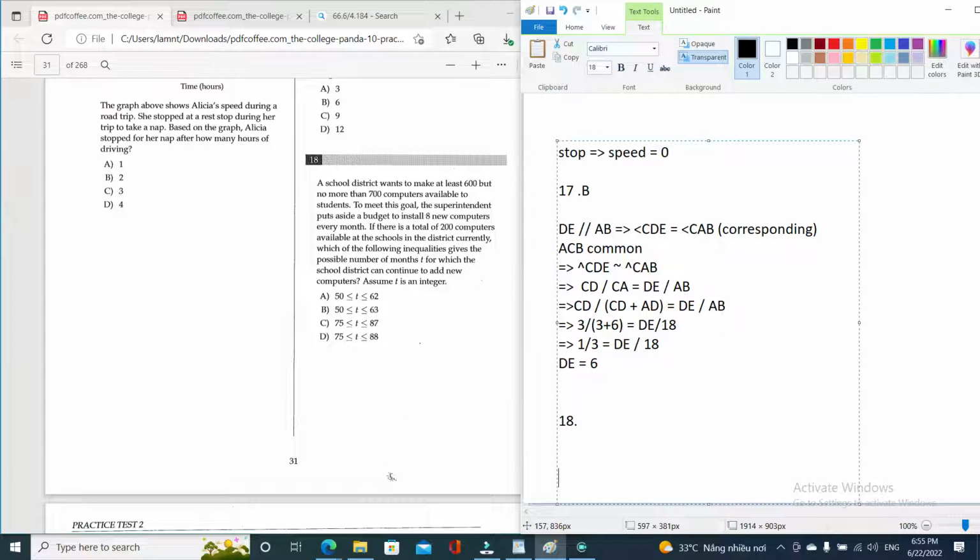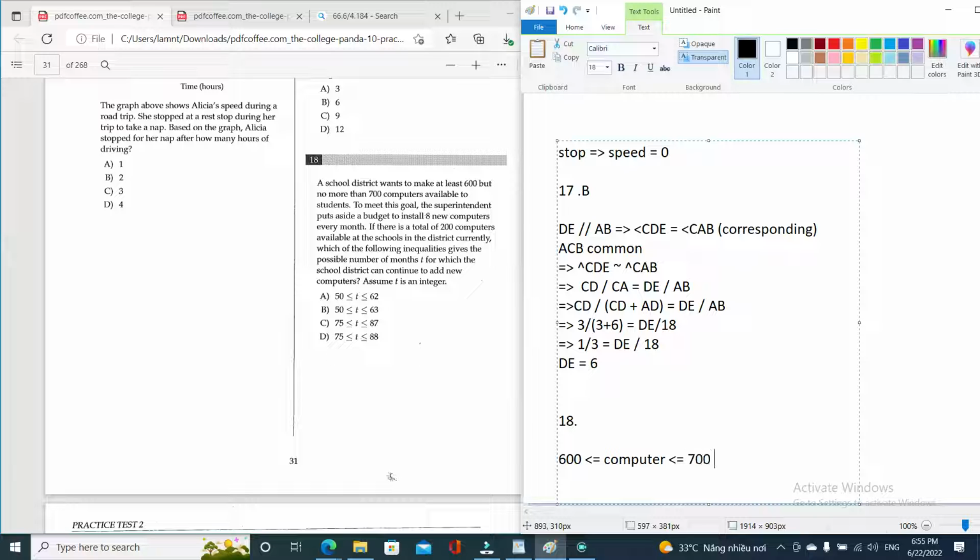18. A school district wants to make at least 600, but no more than 700 computers available to students. So 600 at least: 600 is smaller or equal to computers, smaller or equal to 700.